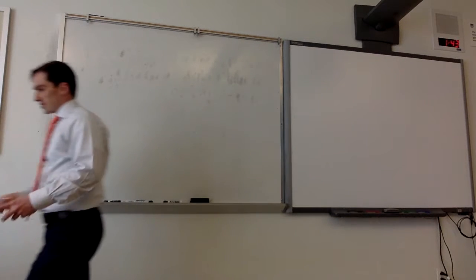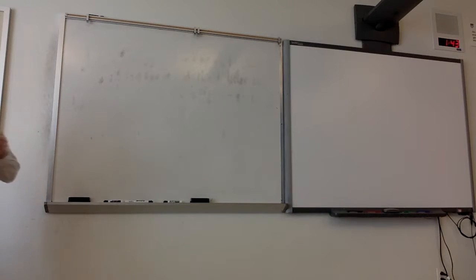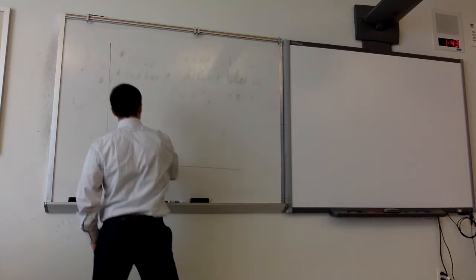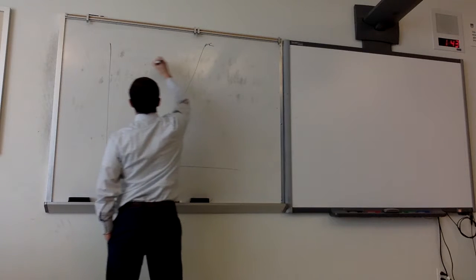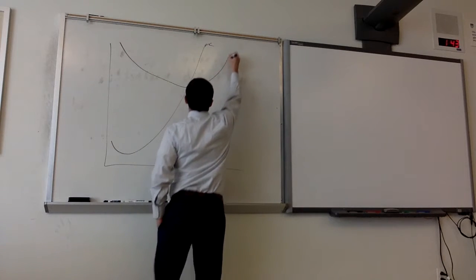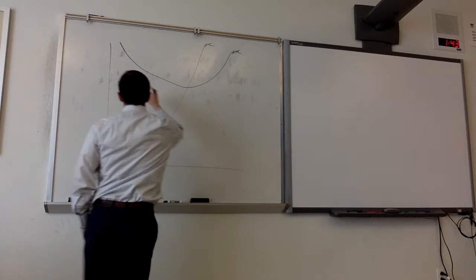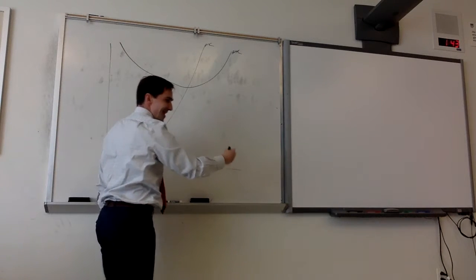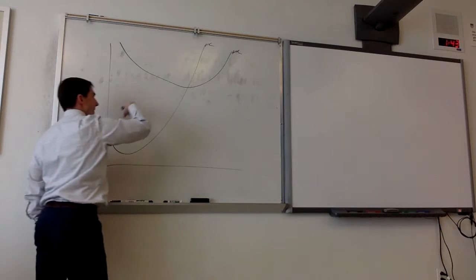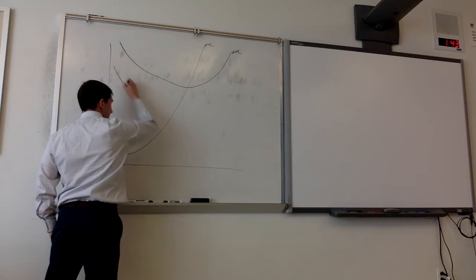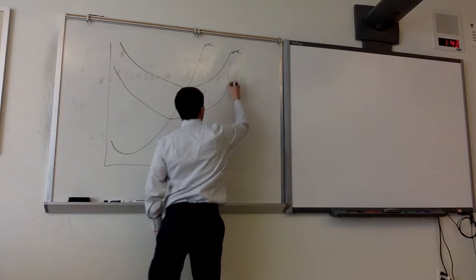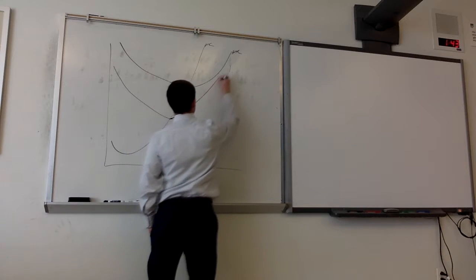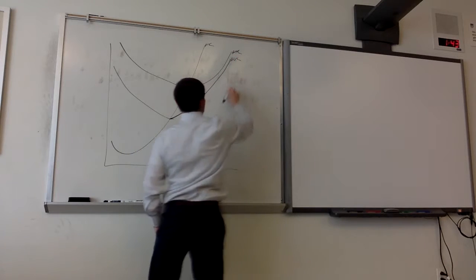Okay, we're gonna focus just on a firm right now. Remember, average fixed cost is down here, and the average total cost minus the average fixed cost is the average variable cost.